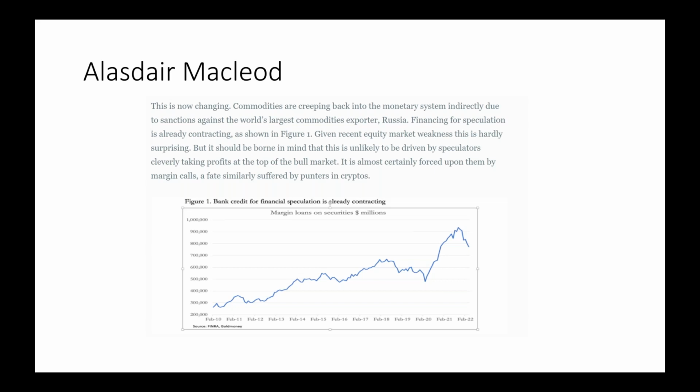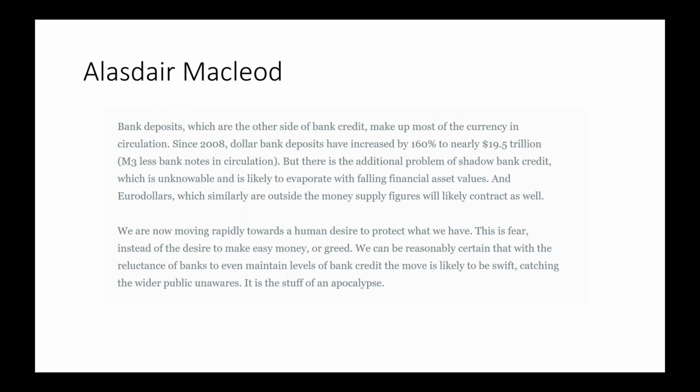If you take a look at financing for speculation, this is margin loan on securities. I brought this up just a few weeks ago on this broadcast. You see the margin loans are declining. Dollar bank deposits have increased 160% by 2008. But as Macleod points out, you're now seeing all this contract. He said, we're now moving rapidly towards a human desire to protect what we have.